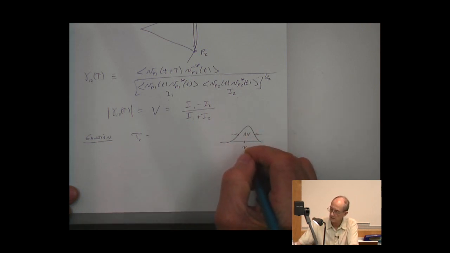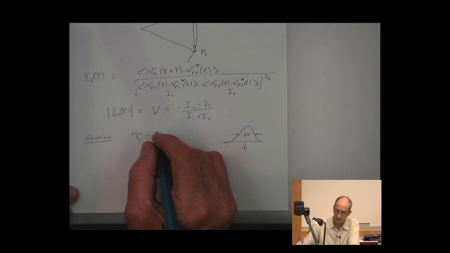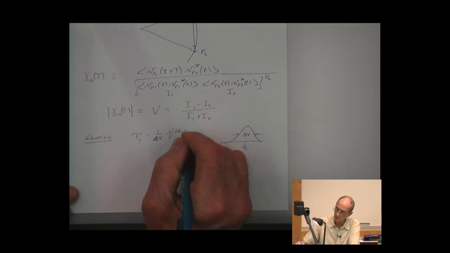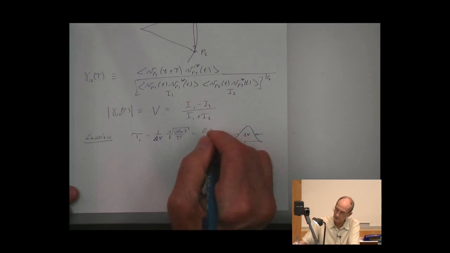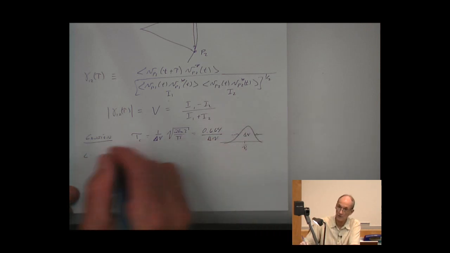Here is a nu 0, or an average nu, as we called it. So we get an inverse relation, 1 over delta nu times a factor. For the Gaussian, that factor was the square root of 2 ln 2 over pi, which works out to be about 0.664 over delta nu.